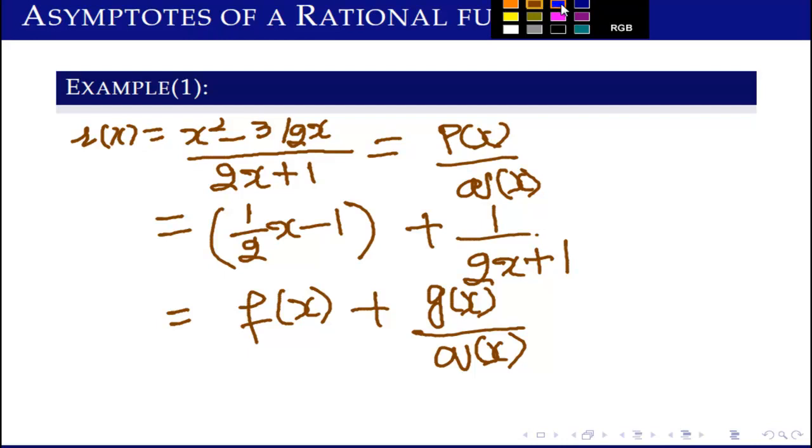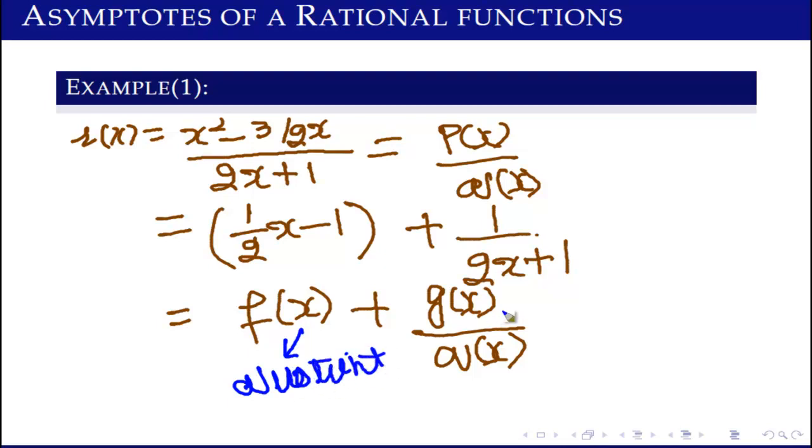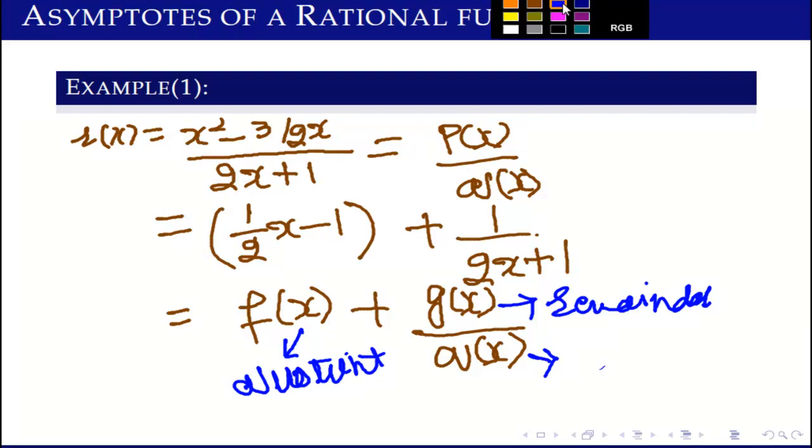Meaning f of x is our quotient, g of x, which is equal to 1 there, is our remainder, and q of x, which is 2x plus 1, is our divisor. ये हमारा divisor होगा.